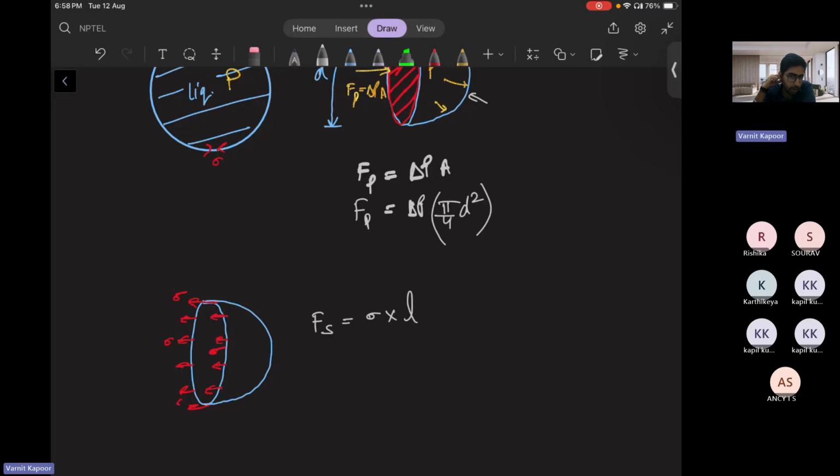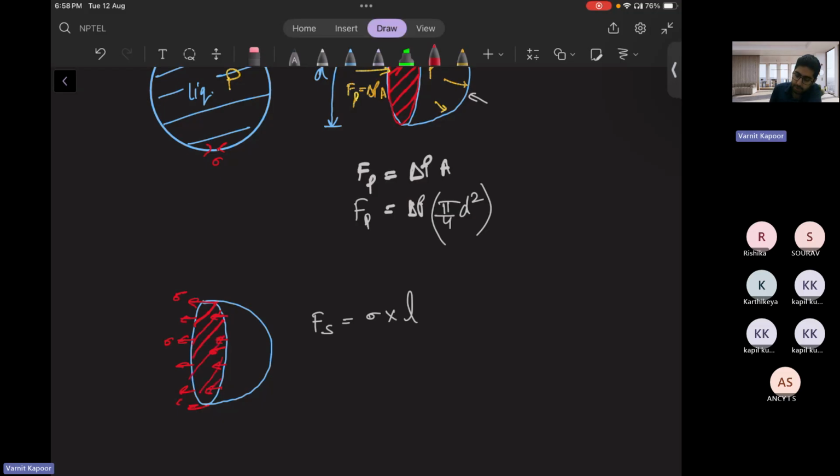What will be the length L? By visualization, what do you see? What is the surface tension coefficient? It is surface tension force per unit length, so surface tension force is surface tension coefficient into length. So length L is nothing but the circumference of that projected area, because you are balancing the force on this projected area itself.